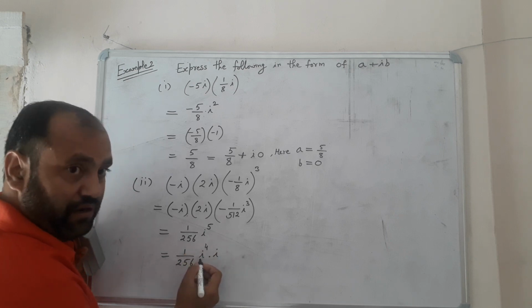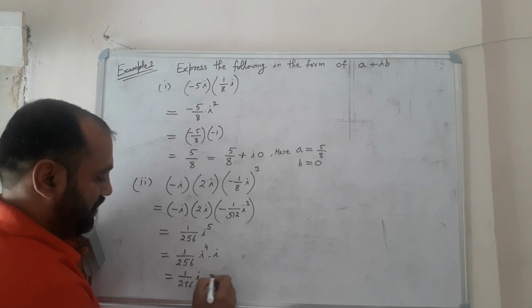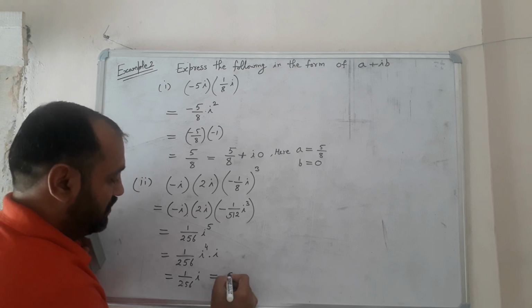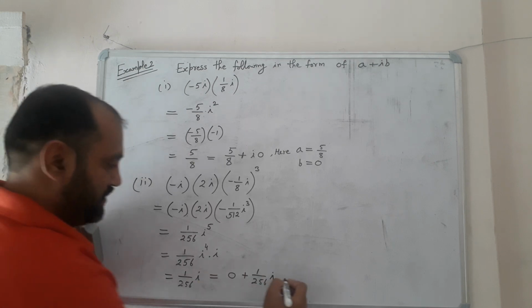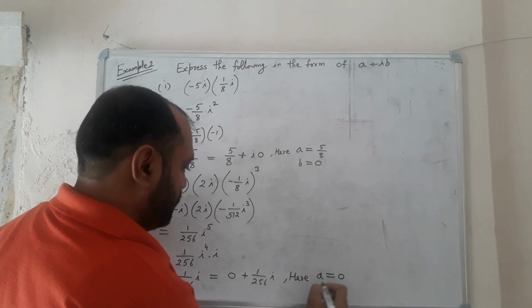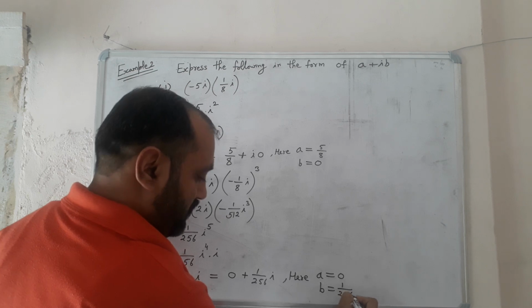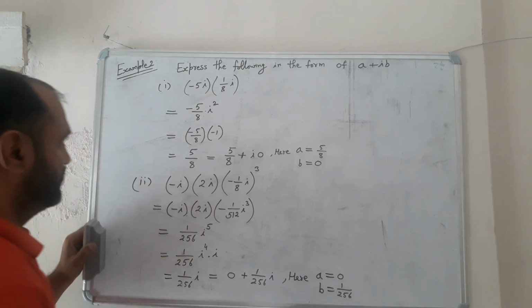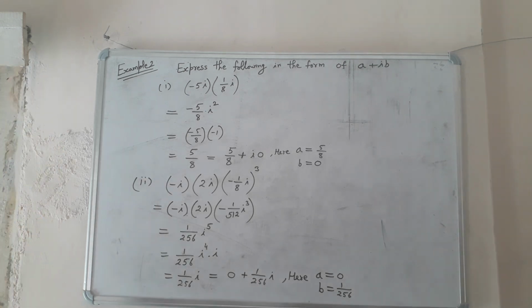Its value is 1, so its answer is 1 by 256 iota, which is equal to 0 plus 1 by 256 iota, right? Here the value of a is 0 and the value of b is 1 upon 256, right? So this is the example number 2.